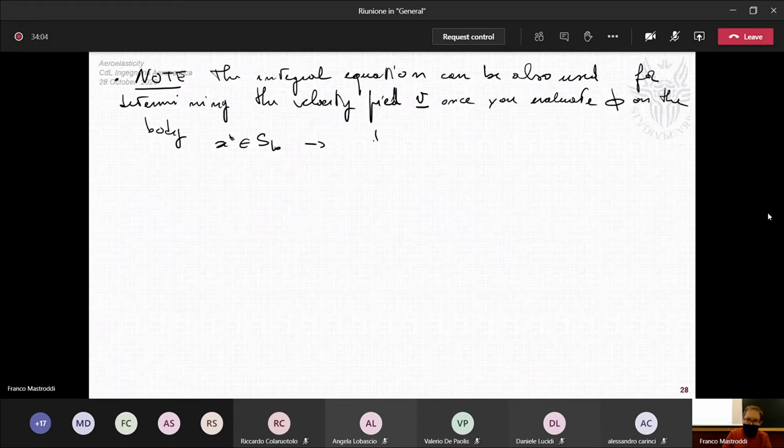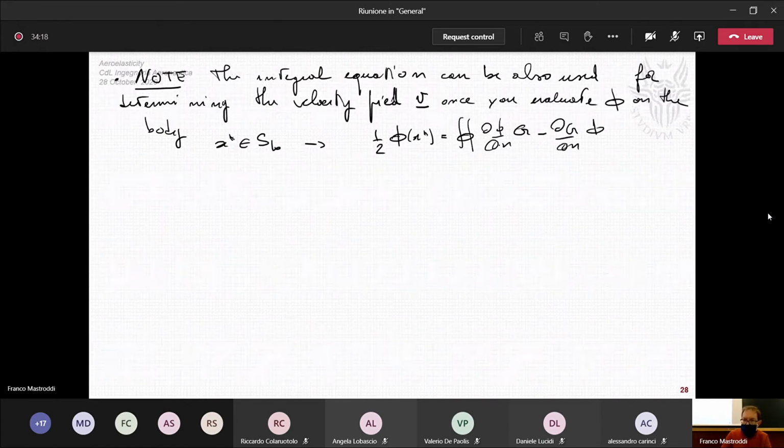Then you have 1/2 phi star equal to the phi on the end, g minus the g in the end, phi minus delta phi the g the end.